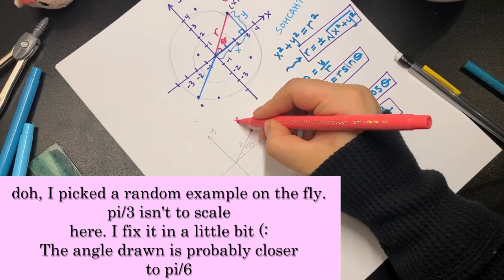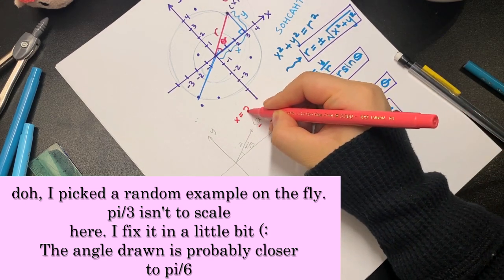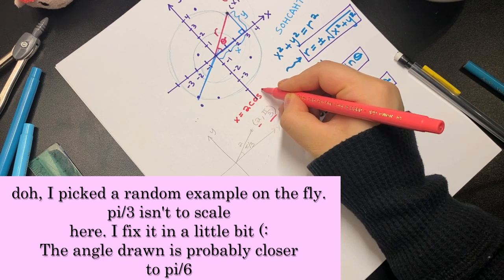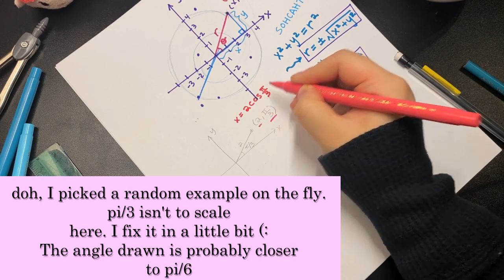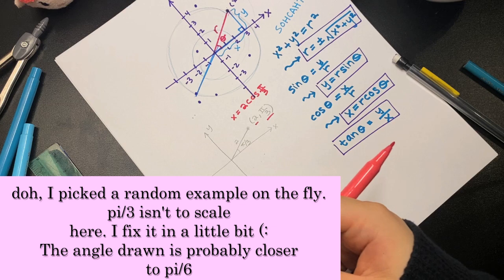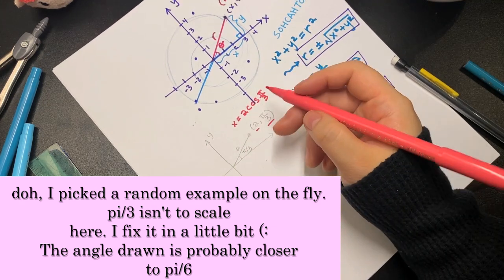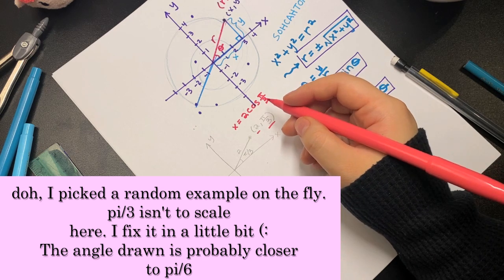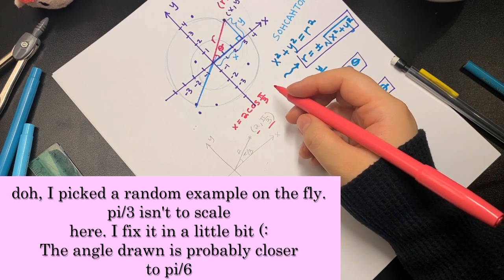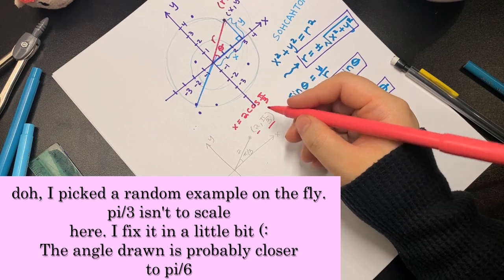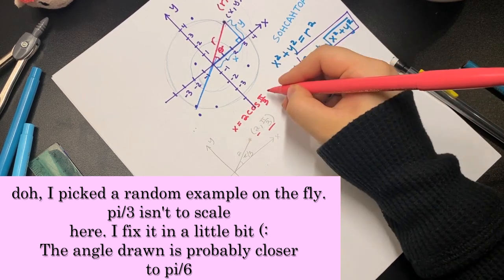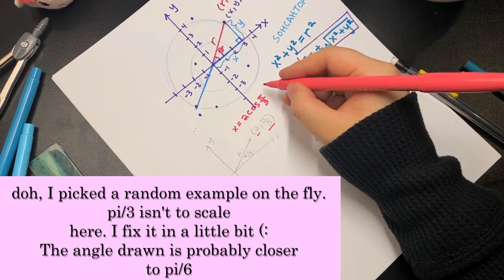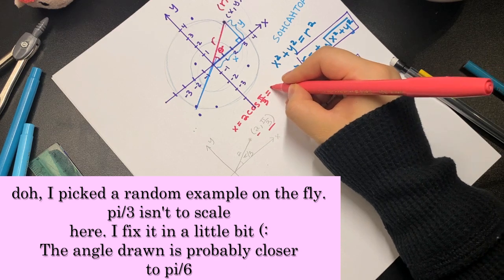So we know that x is going to be r, which is 2, cosine theta, which is pi over 3. And pi over 3 radians is a special angle, right, or 60 degrees. So cosine of 60 degrees is 1/2. Very good. So 2 times 1/2 would be 1, right?